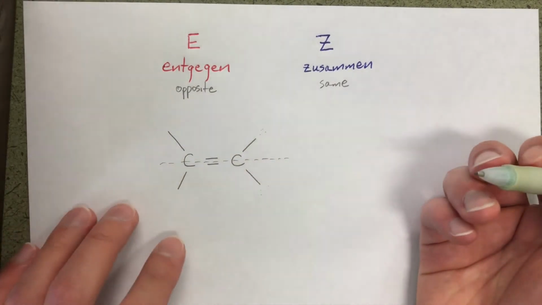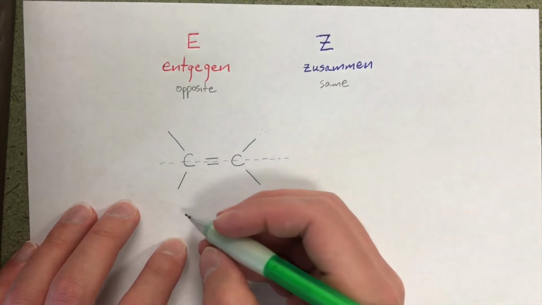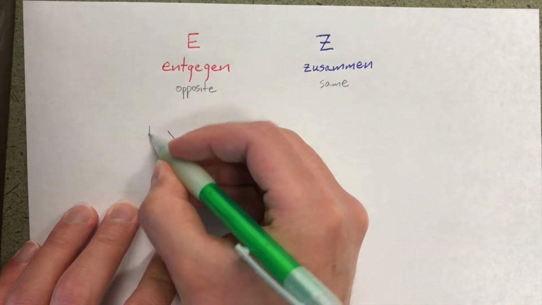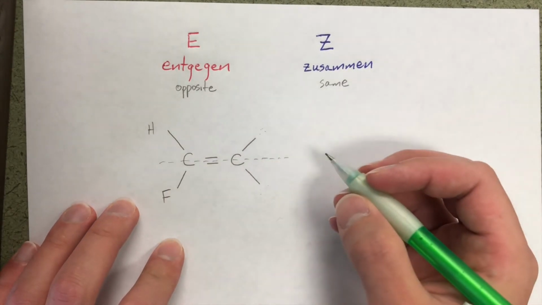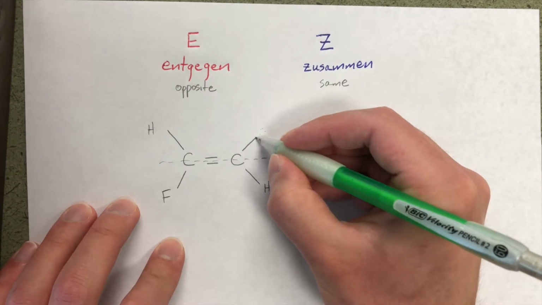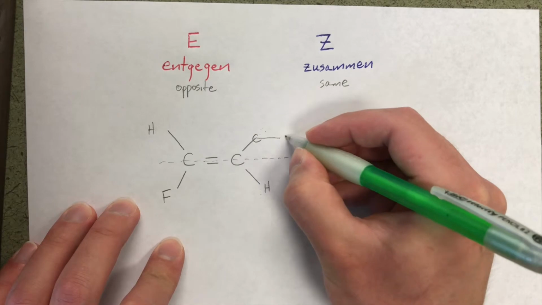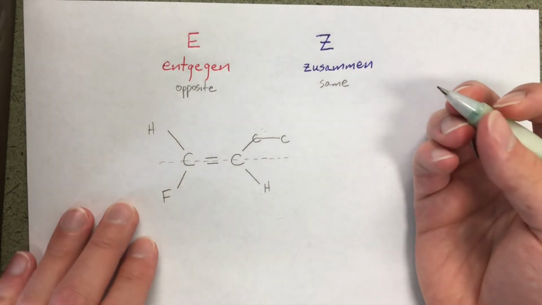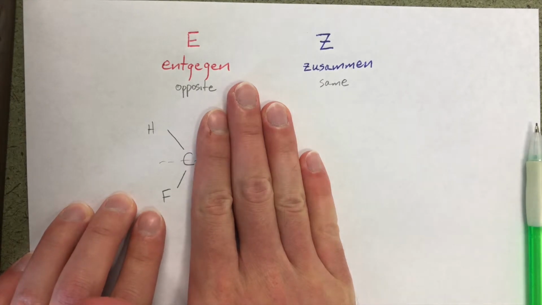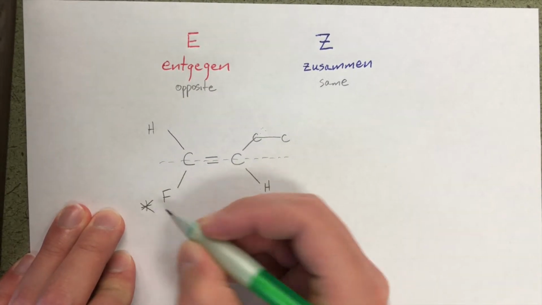So if we use an example of E, say we have a fluorine right here, we'll put a hydrogen here, and we'll put maybe an ethyl group right here, because ethyl, we have a C there. So if we just look at this side, we can see that obviously fluorine is the highest priority group because it has the highest atomic number.